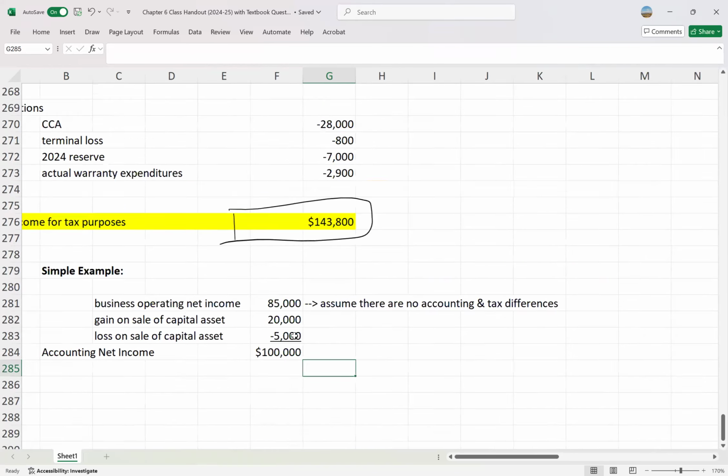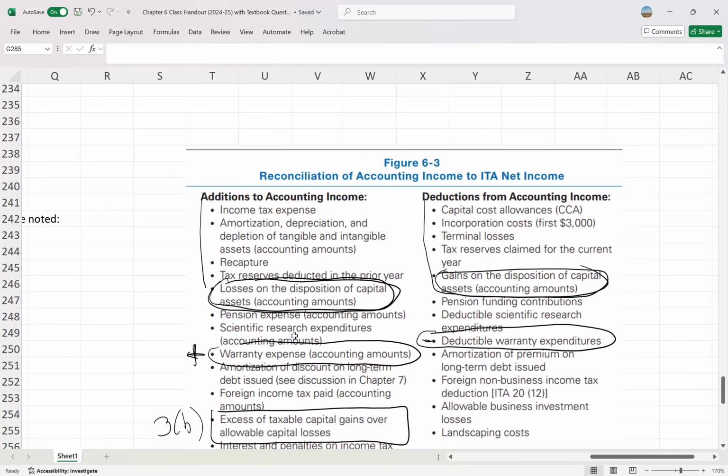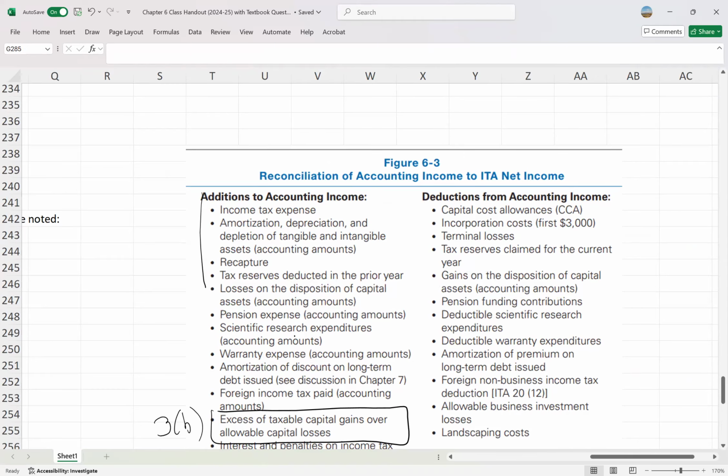So remember we said in figure 6-3, any accounting losses we have to add back. Any accounting gains, we have to deduct them. So let's do that first.